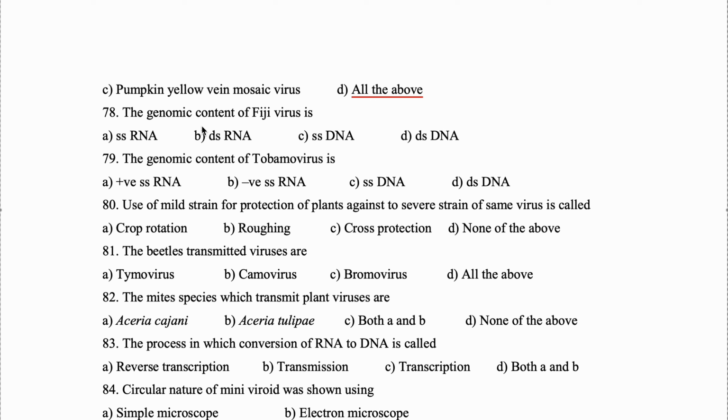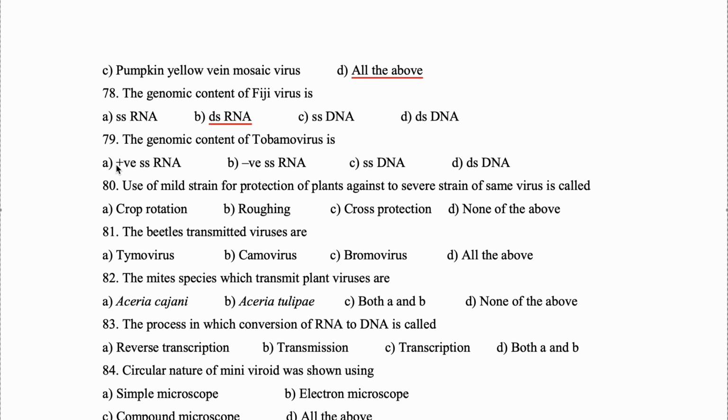78. The genomic content of reovirus is double-stranded RNA. Question 79. The genomic content of tospovirus is negative sense single-stranded RNA. Question 80. Use of a mild strain for protection of plants against a severe strain of the same virus.